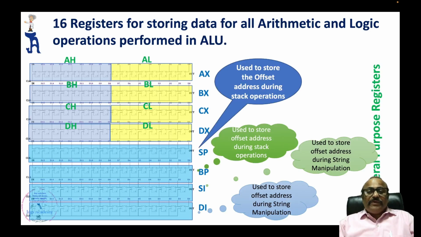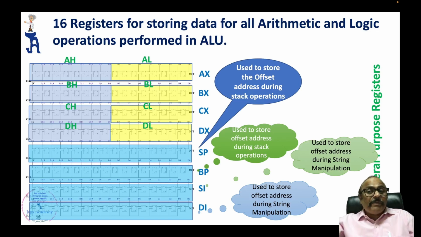I have told you that SP, BP, SI and DI are used to keep the offset addresses. This offset address is nothing but a pointer address to the memory when you access a memory. The microprocessor needs data, but we cannot keep all the data in these registers, which are inside the microprocessor.